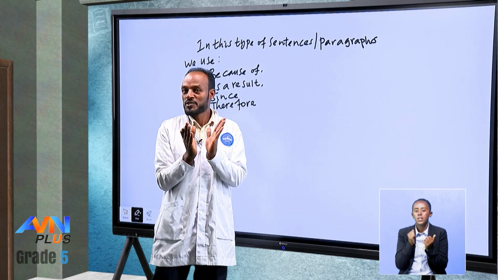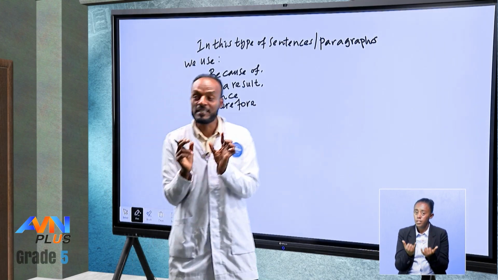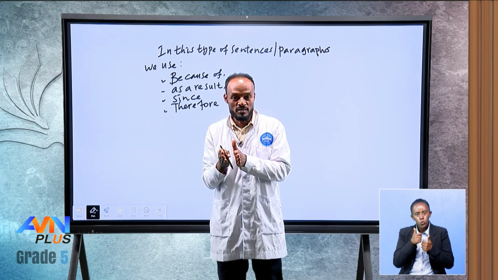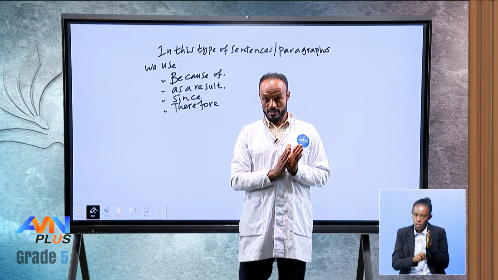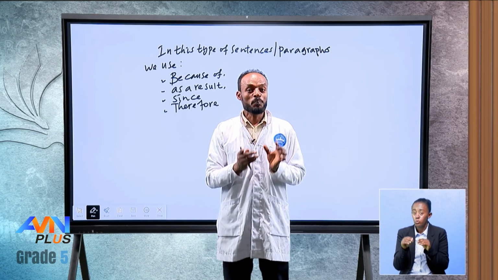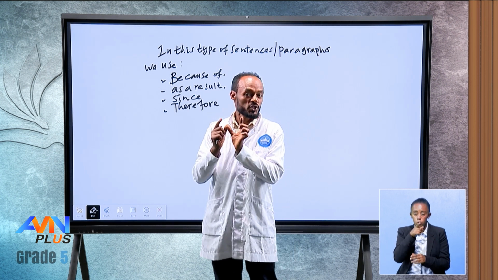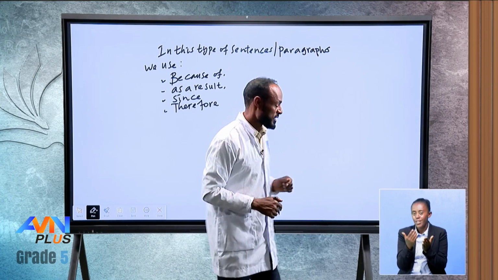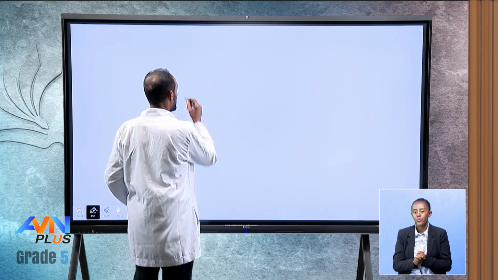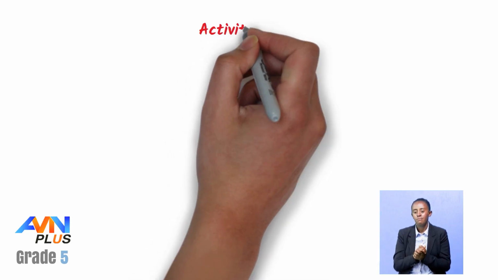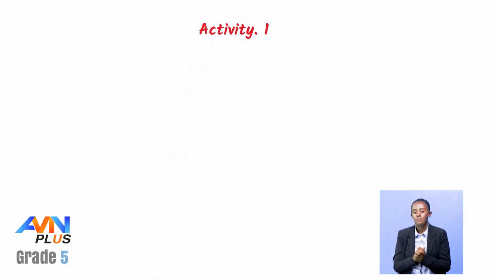It's nice. So students, now I'm going to give you an activity. Then you are going to identify which one is cause and which one is result. Are you ready? Good. Students, parents, please don't forget to help your children. I hope you are helping them. Thank you. Here is Activity 1.